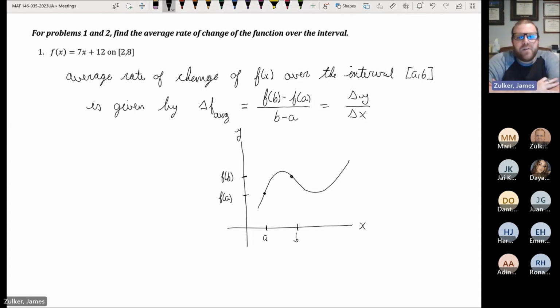If we look at a graph, call this graph f of x. Here's our point a, f of a. Here's our point b, f of b.